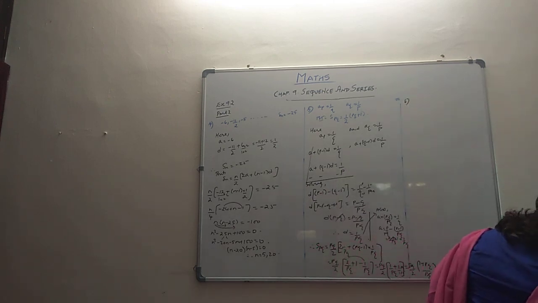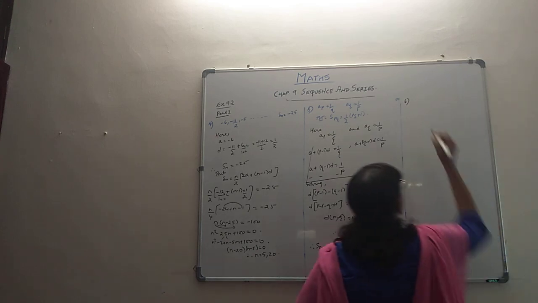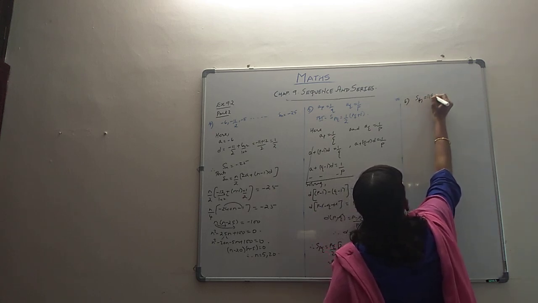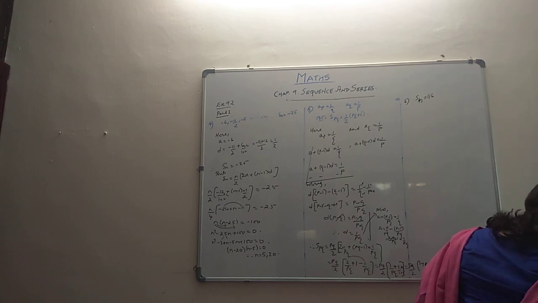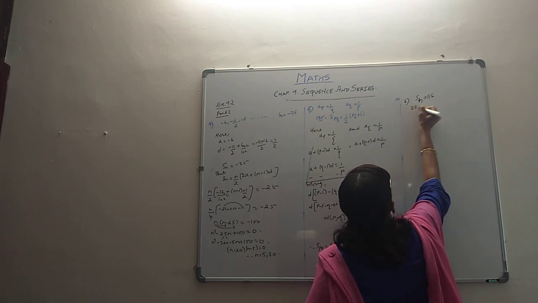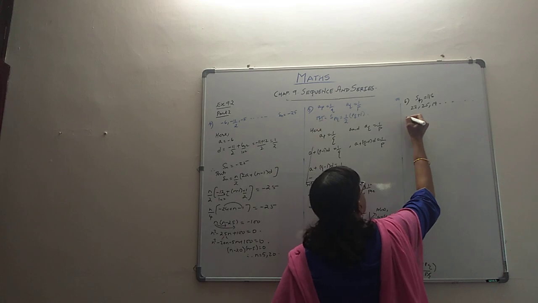They say if the sum of certain terms of an AP is 116, then you find the last term. They tell us that S6 is 116. And then they have given us the AP as 22, 25, 19 and so on. Find the last term they have said.